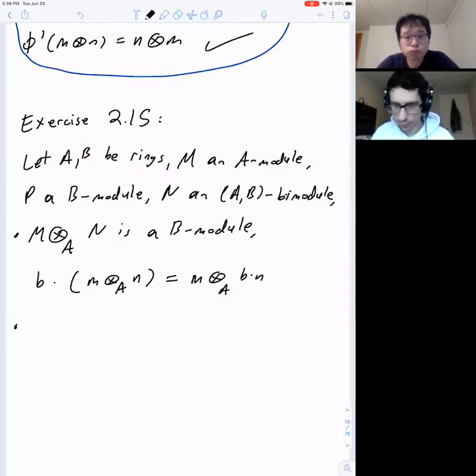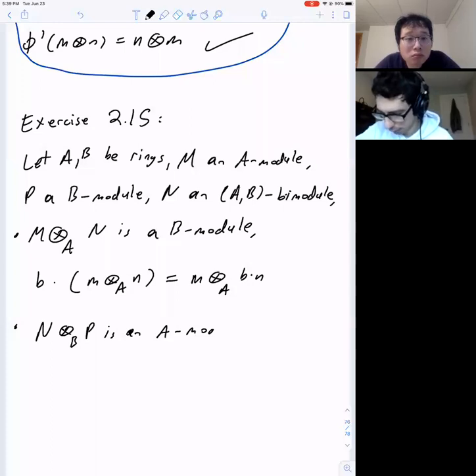We have that N tensor_B P is an A module from this structure.